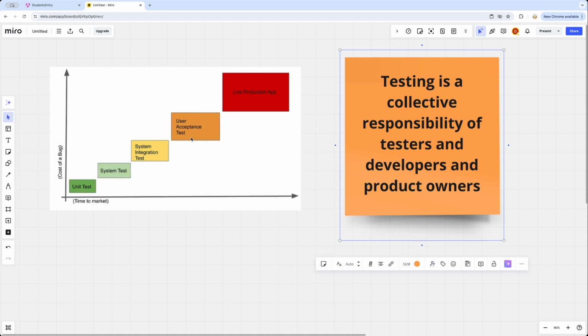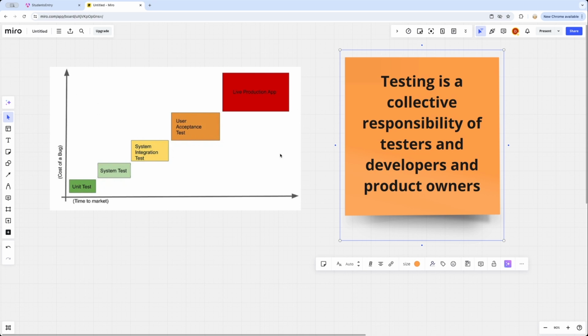And if you send a buggy product to the market, the chances are that your reputation will be hampered. Chances are that customer engagement would go down. Chances are that in order to fix certain aspects of your application, if you realize it much later, you may have to do an architectural change as well. So it is better for us to find a bug early, right?